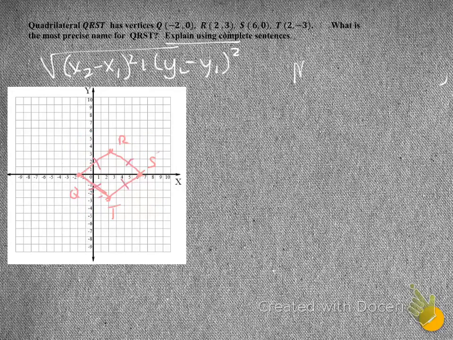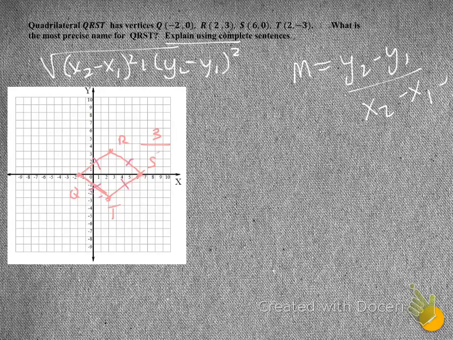So my slope formula is y2 minus y1 over x2 minus x1, or you could just see how much you rise and how much you run to go from one point to the next. So if I was going from S to R, I rise 1, 2, 3, and I run to the left 1, 2, 3, 4. So left means -4.